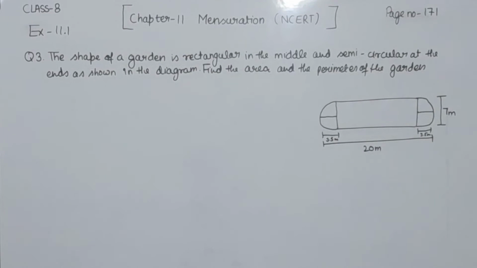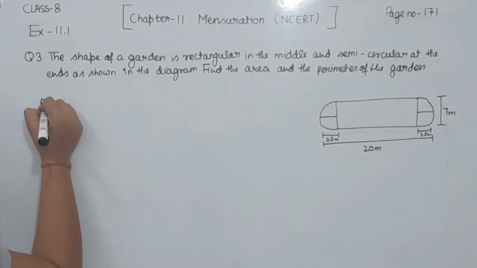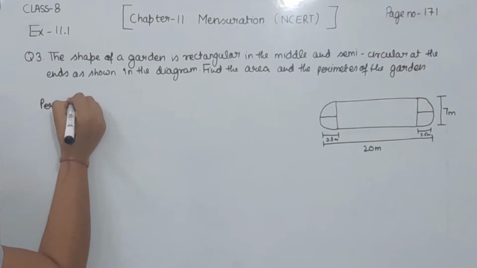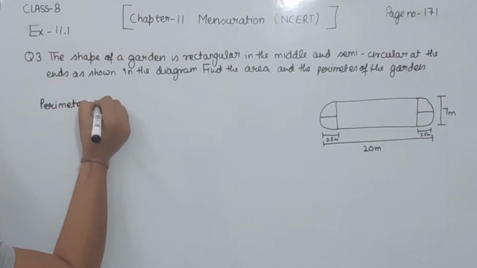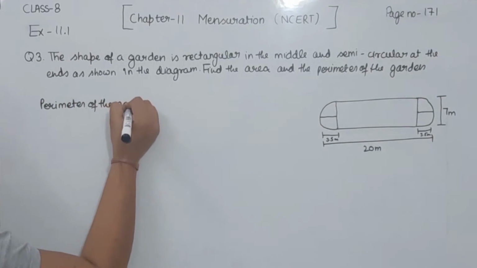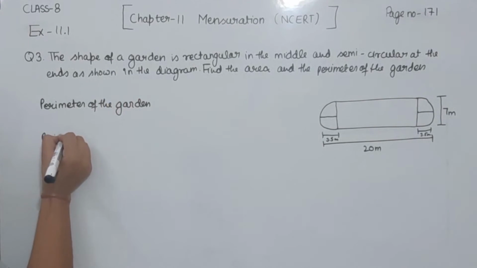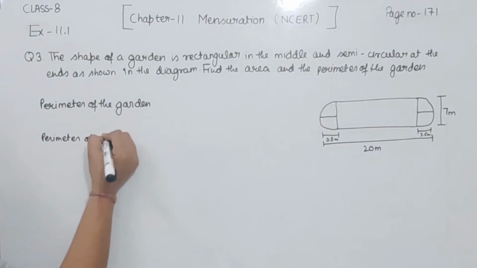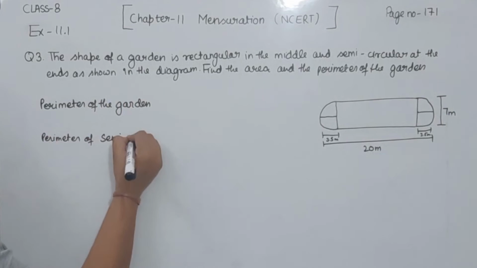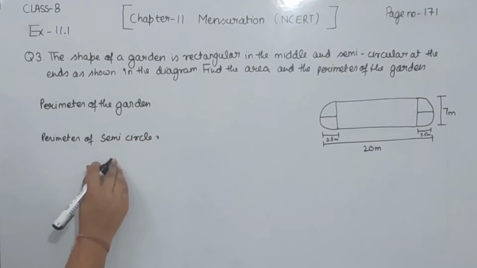Now we have to find the perimeter of the garden. So I am going to write here perimeter of the garden. Before that we are going to find the perimeter of the semicircle. The semicircle perimeter we can write as the circumference.